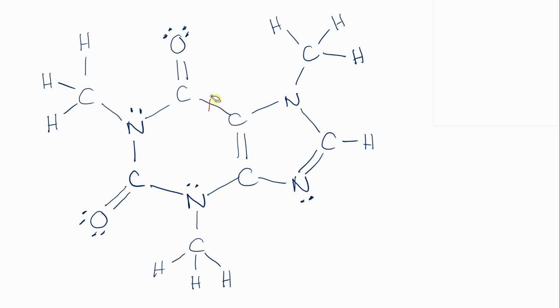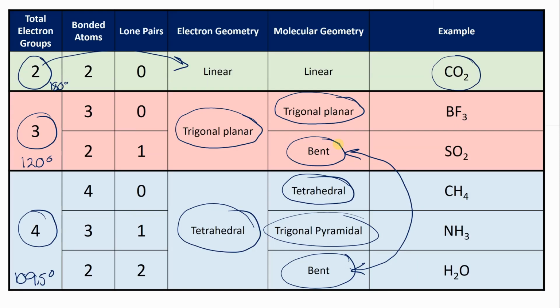We could then go to another atom. Maybe we'll go to this nitrogen here. This nitrogen has 1, 2, 3 electron groups. So it's a trigonal planar electron geometry, but in this case, one of those groups is a lone pair. And so we get the bent molecular geometry.